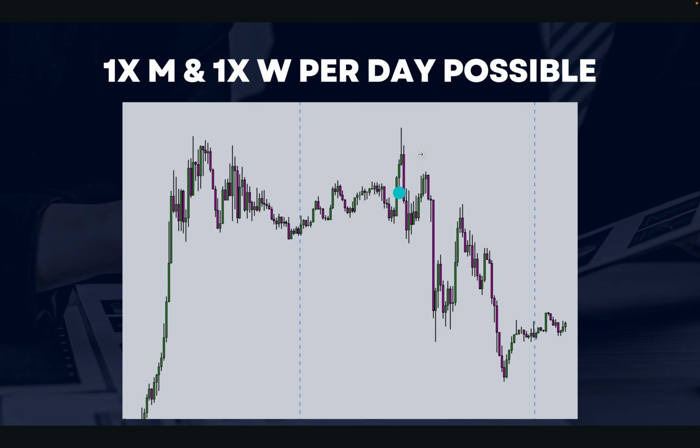And right around here would be London session. I wouldn't be surprised if this spike to the highs here is London session induction, breakout of this Asian session consolidation, and we can see it reaching the high of the previous day.